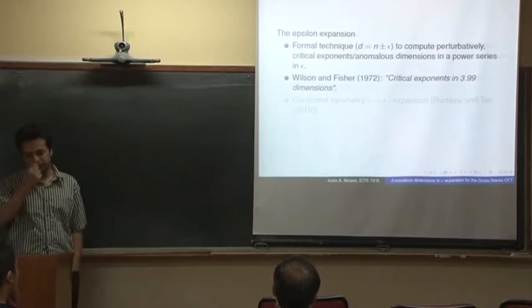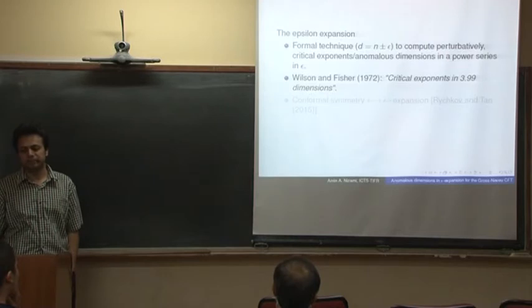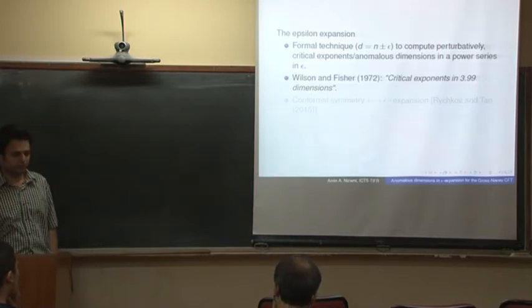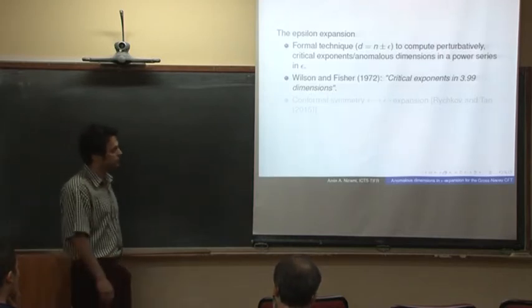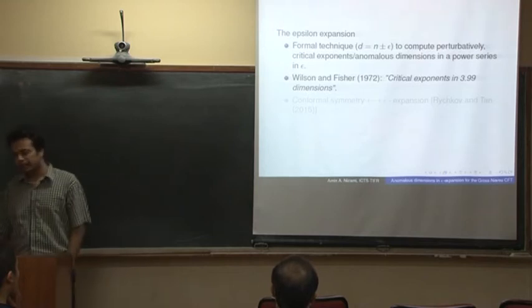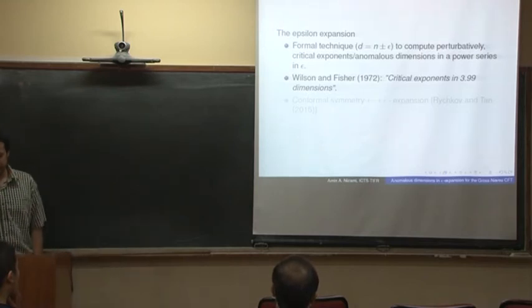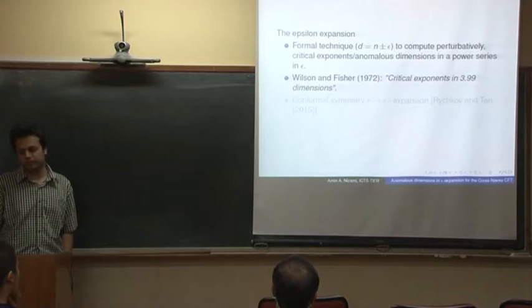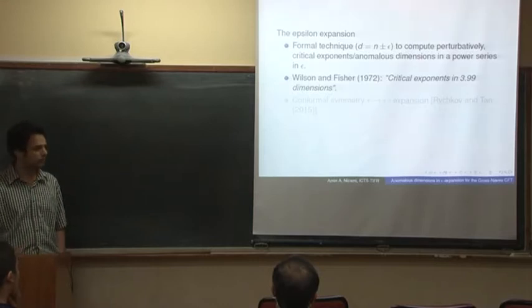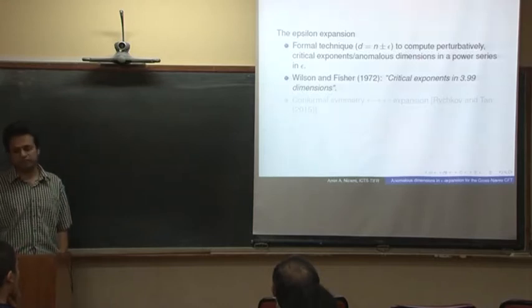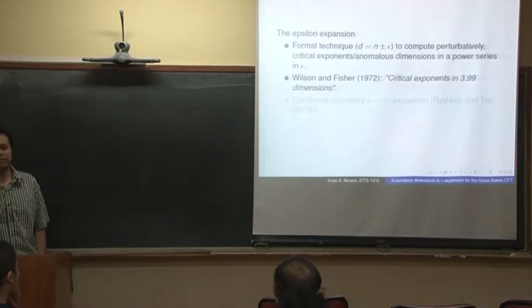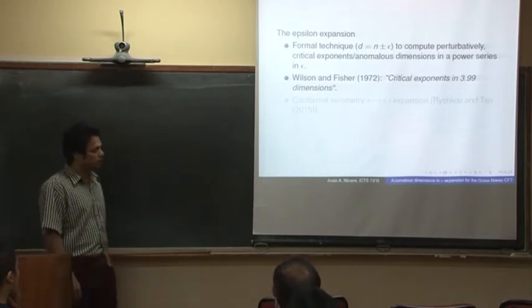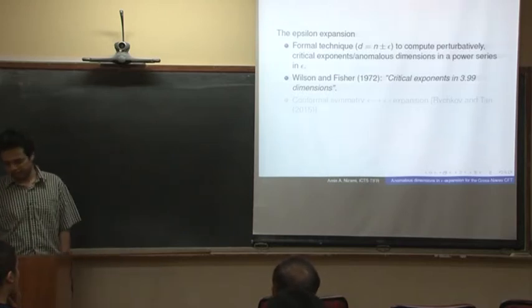So this really began with Wilson and Fisher's work, the well-known work in which the Wilson-Fisher fixed point was discussed in 1972. And so in the last 4 decades or so, there's a huge literature, a whole industry, of computations in epsilon expansion, in statistical mechanics and quantum field theory settings.